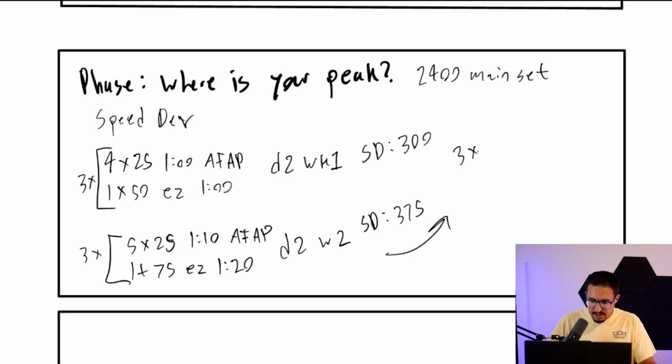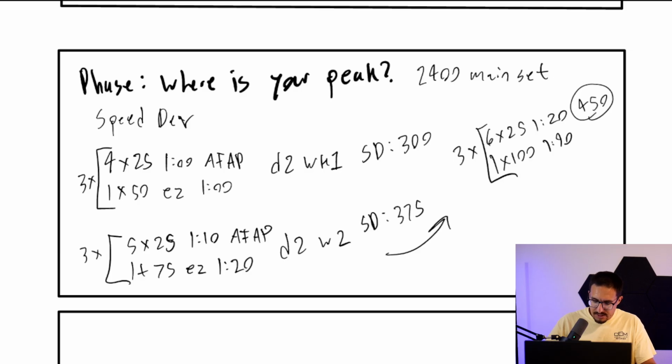We're going to go 3 times, and we're going to go 6 times 25s on 120. So same thing here. By the time we get to here, we're doing 450 of speed development work. And then your last time, we're going to end up going 3 times, and we're going to go 7 25s on 130.